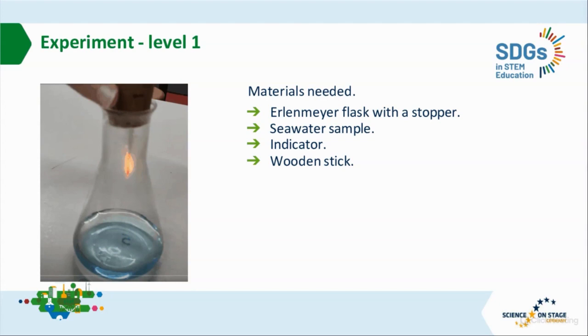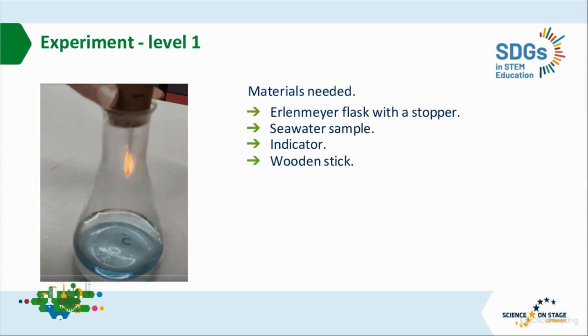Here we use bromothymol blue as an indicator, but we also tested a red cabbage indicator that the students can make at the school, because it's something we can buy at the stores, a red cabbage, and the younger students have quite a lot of fun making that indicator in plastic bags.